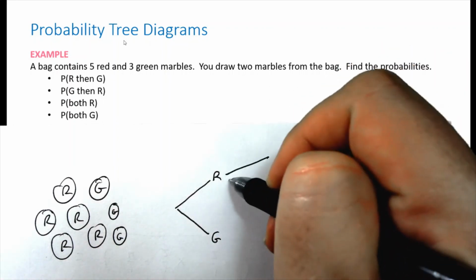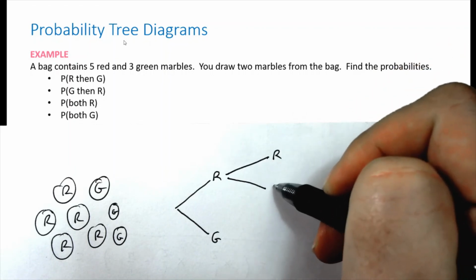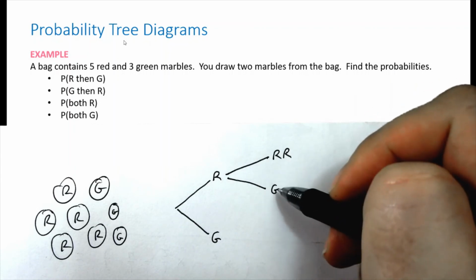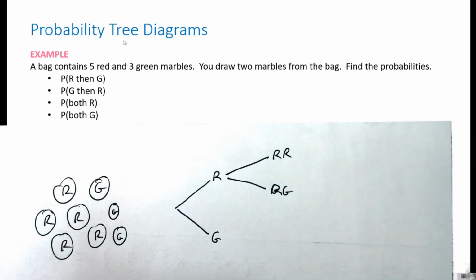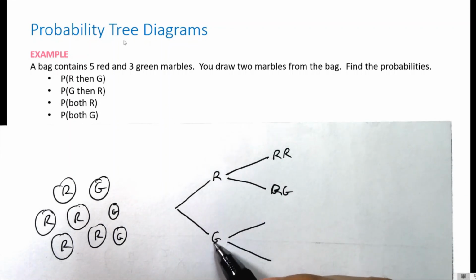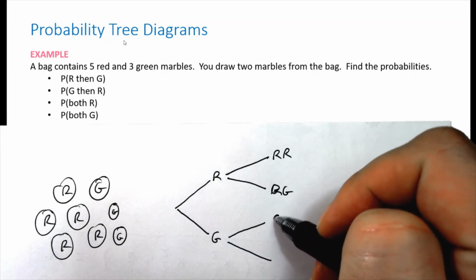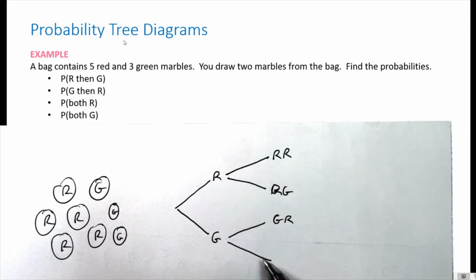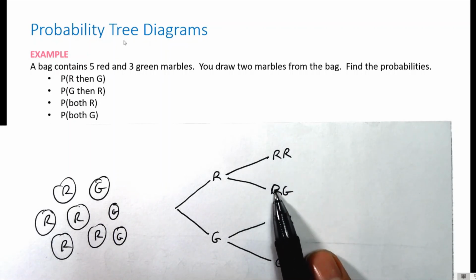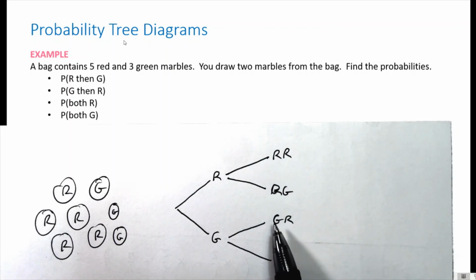So my second draw, I can draw red or green. If I draw red again, I'm getting red, red. If I draw green, I'm getting red, green. If I had drawn the green first, I could draw a red, in which case I would have green, red, or I could draw another green, in which case I would have green, green. This is the same thing as saying first is red, second is red; first is red and second is green; first is green and second is red; or first is green and second is green.